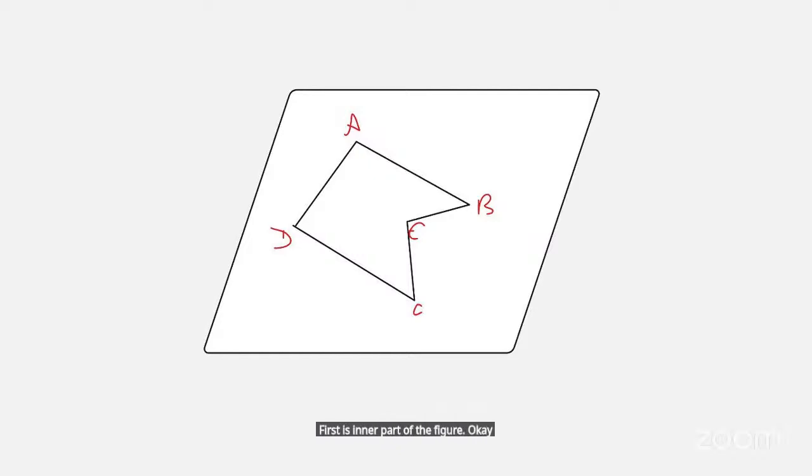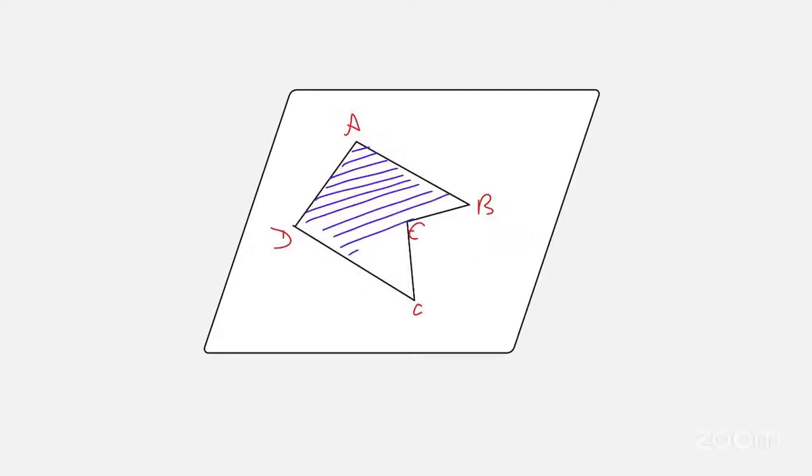If I shade it, whatever purple you can see, this is the inner part of the figure. Then you have an exterior.